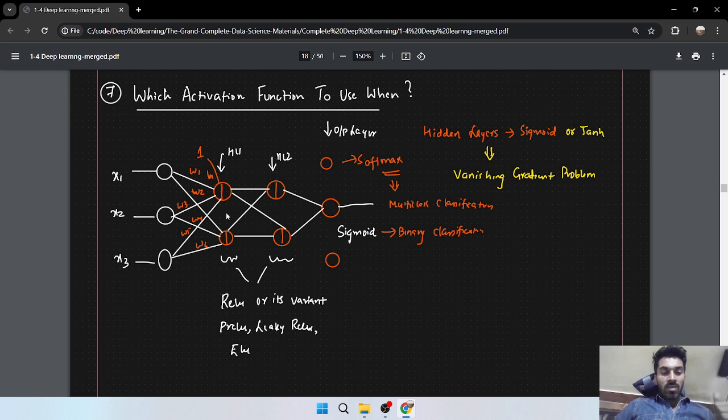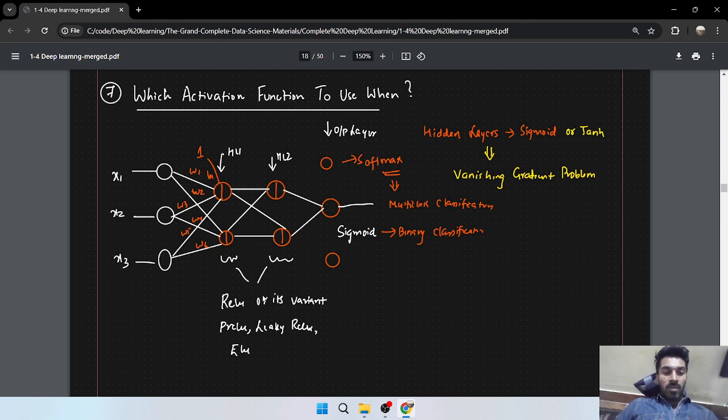It has the dead neuron problem and is not zero centric, but you can use it, it will give good accuracy. Now if you have a multi-class classification output like cat, dog, then use softmax in the output layer, and in between you can use ReLU and its variants. So that's how we will solve it.